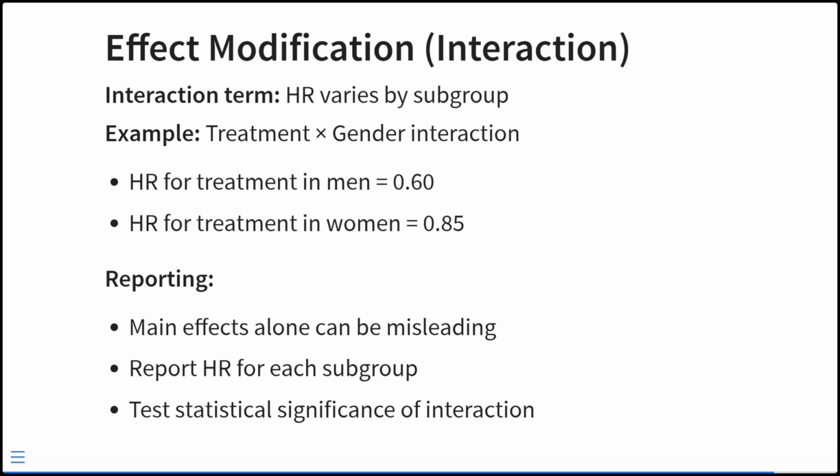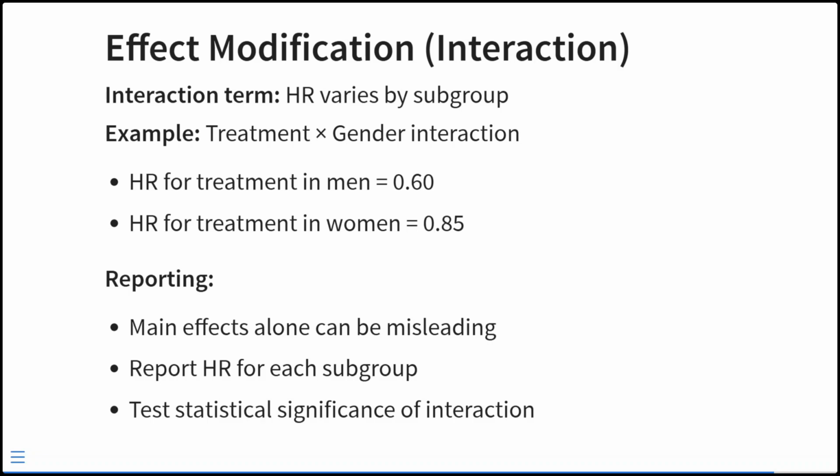So when you report your main effects alone, it can be misleading. Try to consider the interaction, so that your report is going to show that based on this particular variable as the interaction variable, or the effect modifier, this particular effect of the treatment increases.